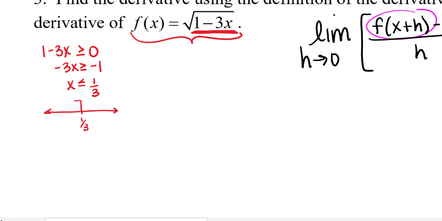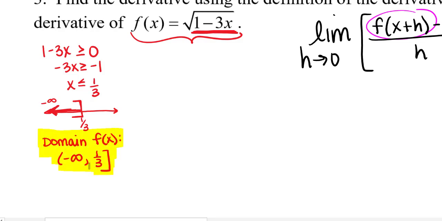It is all values less than or equal to 1/3, so there will be a bracket and it's heading to the left. So in terms of the domain of f of x, the original function, it would be negative infinity to 1/3, and there's a bracket on 1/3. I'm going to go ahead and highlight this because we'll reference it later.